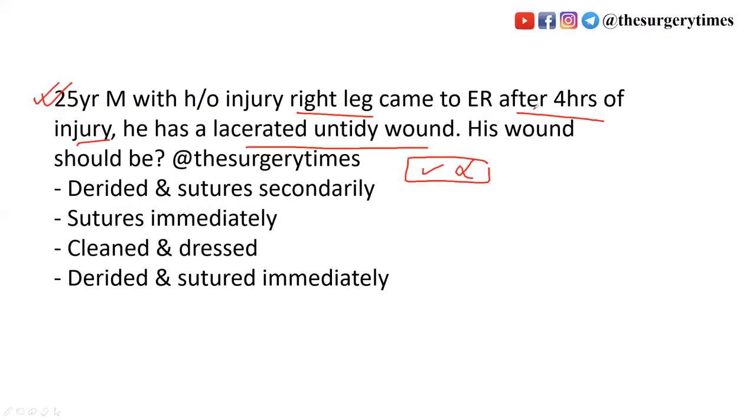No. Clean and dressed. Which one? Clean and suture. C. Clean and dressed. No. That's why the question is asked, because the correct answer is debrided and sutured secondarily. So first of all, it is given as a hint: untidy wound.